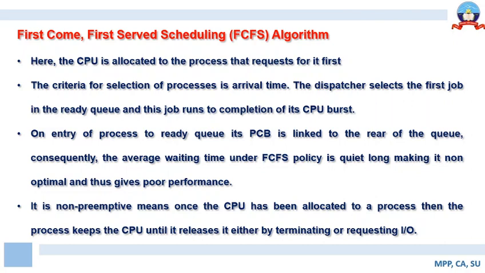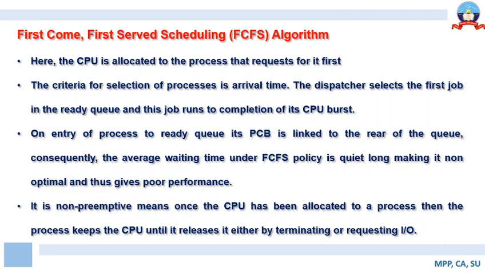Otherwise, in case of a non-preemptive algorithm, until the process terminates, the CPU is not released. So this is a brief description of the first come first served scheduling algorithm. Here scheduling is done based on the sequence of arrival of the processes.